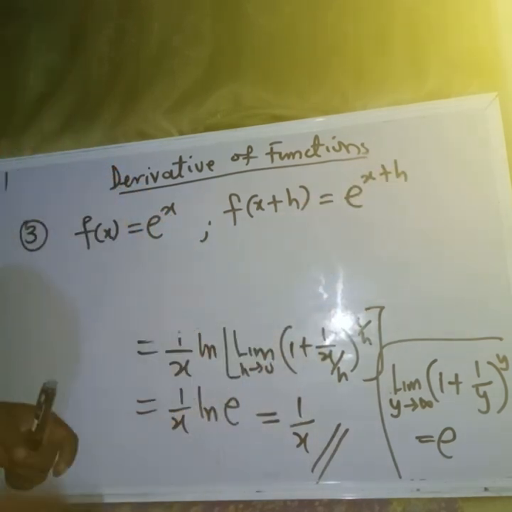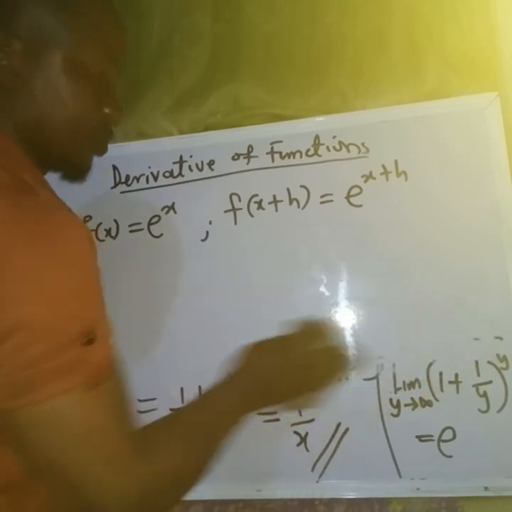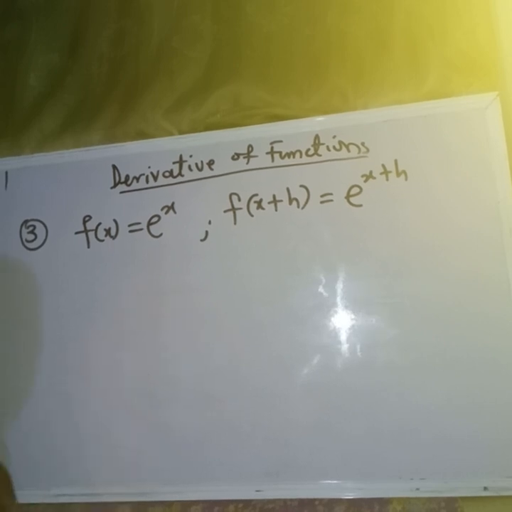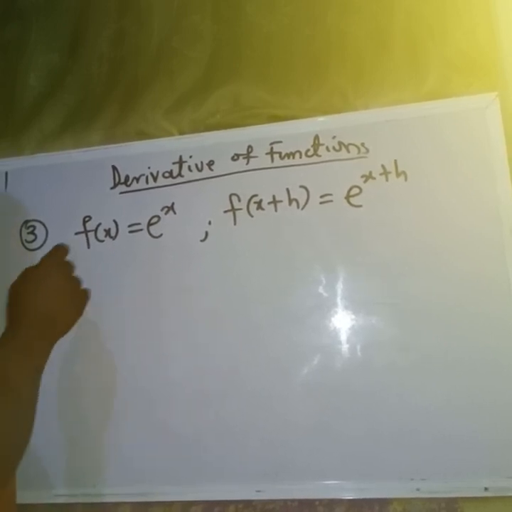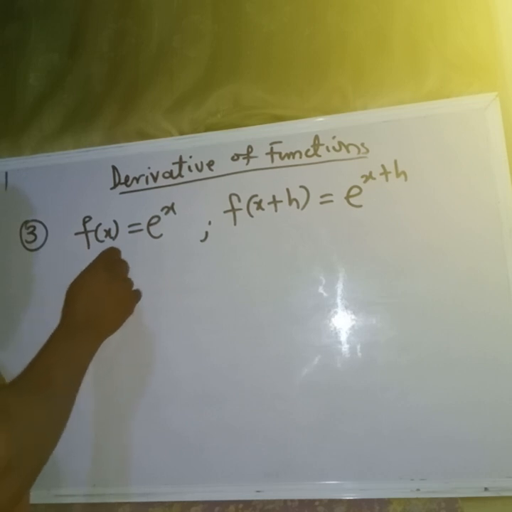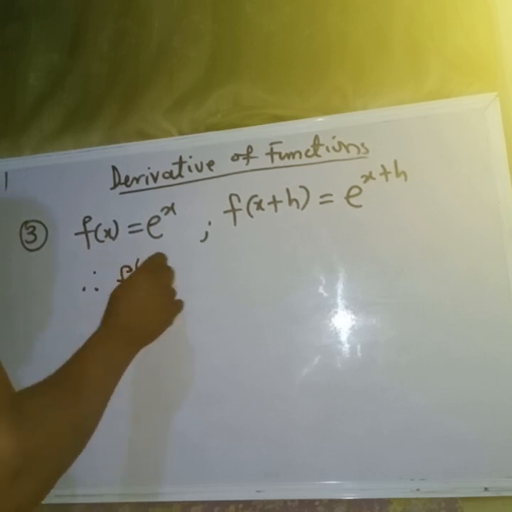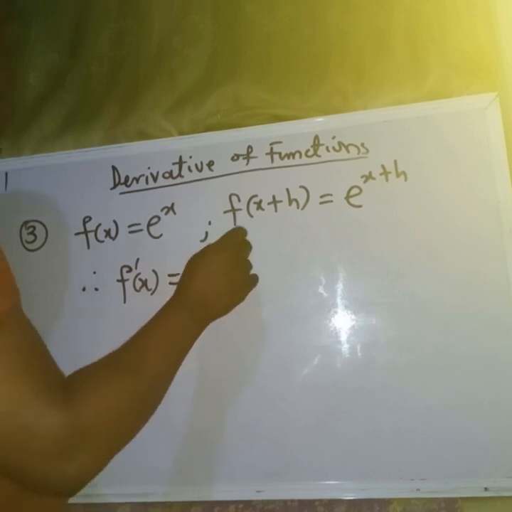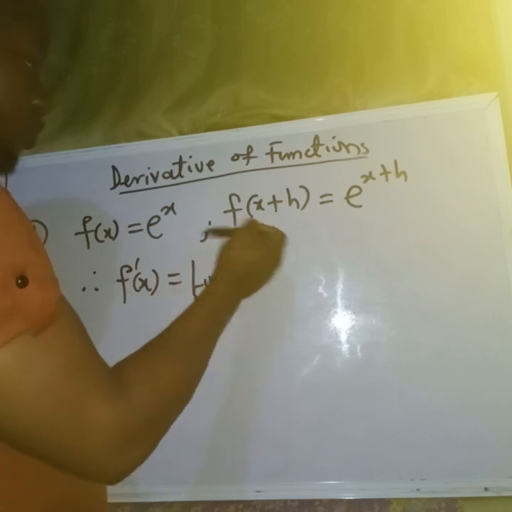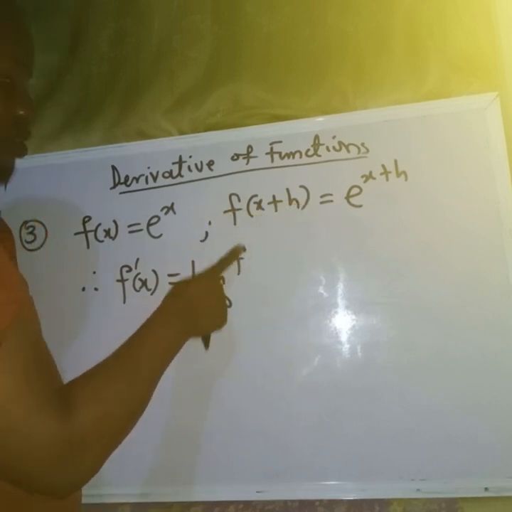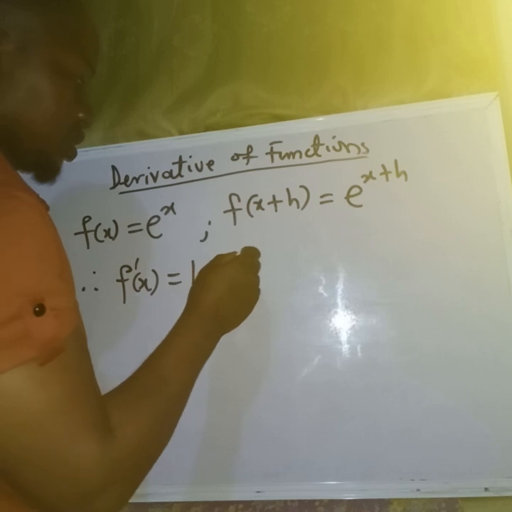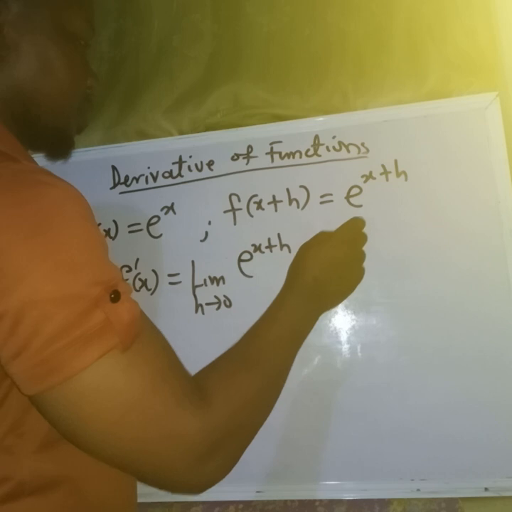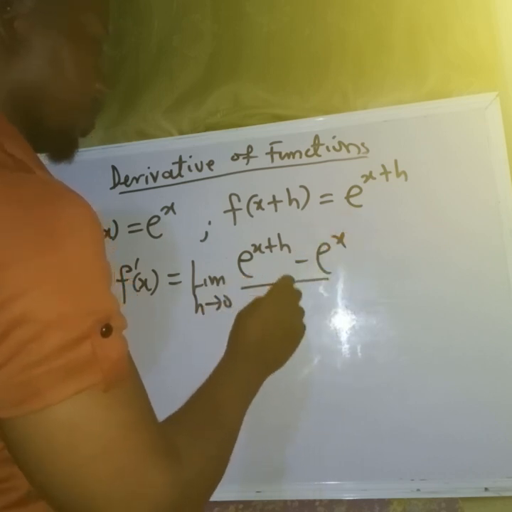Now by substituting this into the formula, f prime of x will be equal to the limit as h tends to 0 of, in the formula we need to replace this with exponential x plus h, minus exponential x, over h.